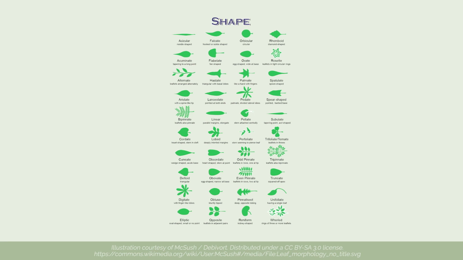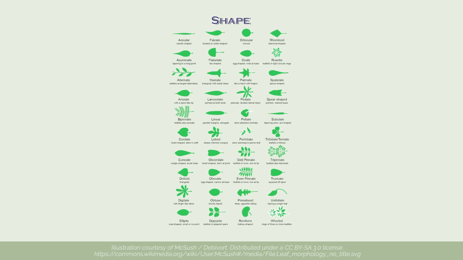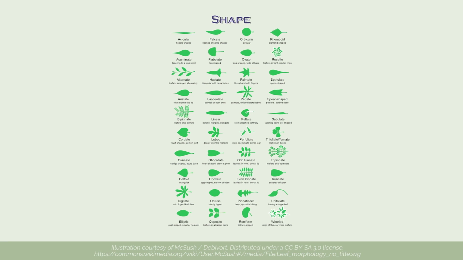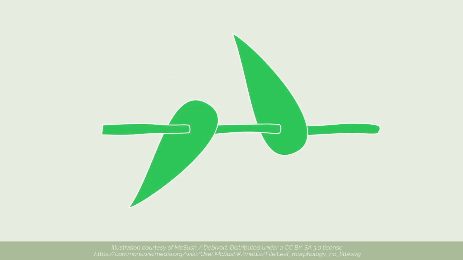How does the leaf insert into the main flower stem? Does it have its own leaf stem, the petiole, or is it sessile? In other words, does it have no leaf stem? Does the leaf clasp around the main flower stem, or is it perfoliate, where the stem appears to pass through the middle of the leaf?